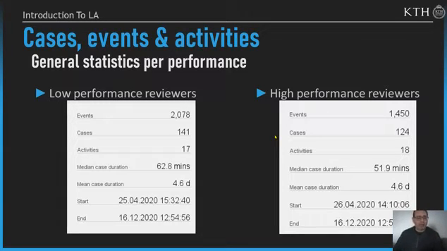There is not much difference between the two. There are 141 cases in low performance reviewers, whereas there are 124 in the other, and the rest of the data is quite consistently similar.